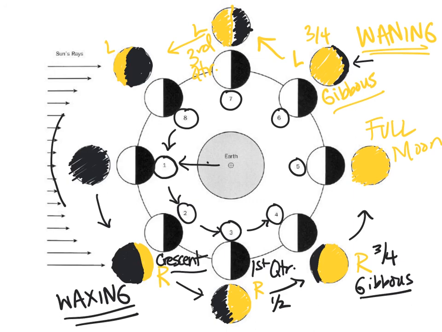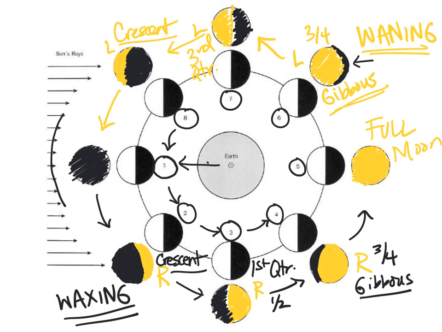We would call this sliver a crescent. So we have a waning gibbous, we have a 3rd quarter, and then we have a waning crescent. Then the curtain closes all the way, and we are back at the new moon.